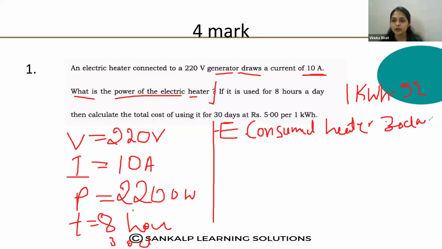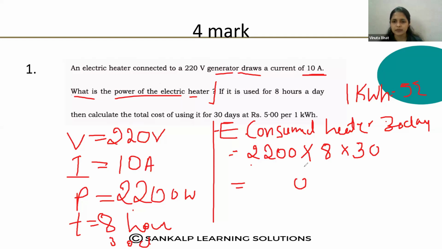So you have to write it properly. Energy consumed by the heater in 30 days is 2200 watt, then 8 hours, then total 30 days. So this you have to multiply.